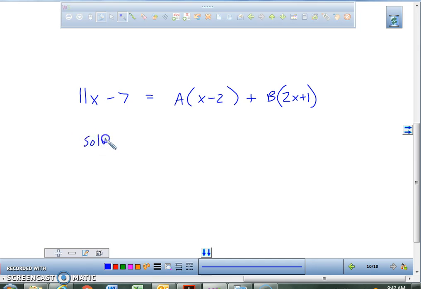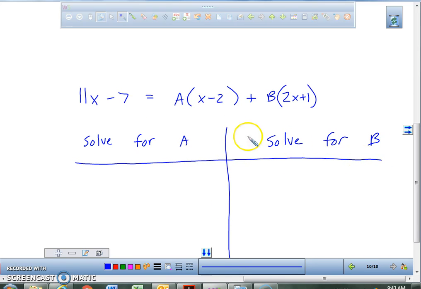So just to make it easier for y'all, I'm going to put solve for A. I'm going to put solve for B. I want you guys to have this equation right above where it says solve for A and solve for B. Okay? Now, when I said solve for A, what do we have to eliminate?